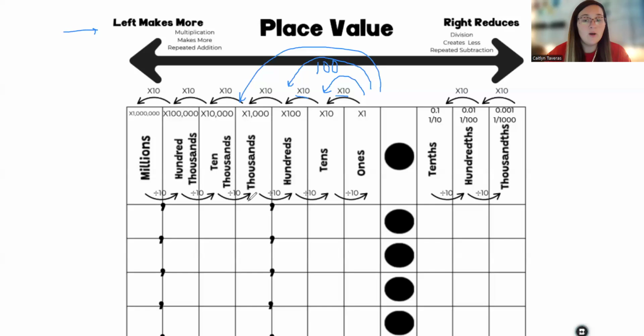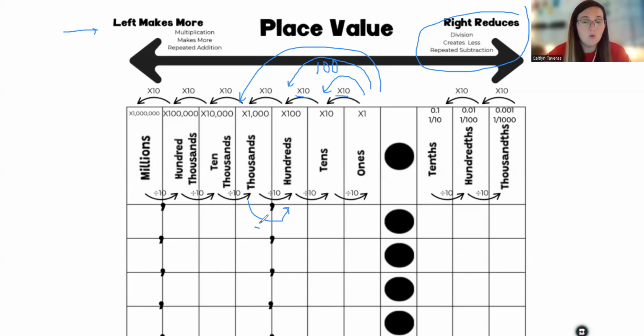But if we move 1 place over, we are dividing by 10 because it's 10 times less. As we move over to the right, it reduces. It is division. It creates less for the students. It's also repeated subtraction.